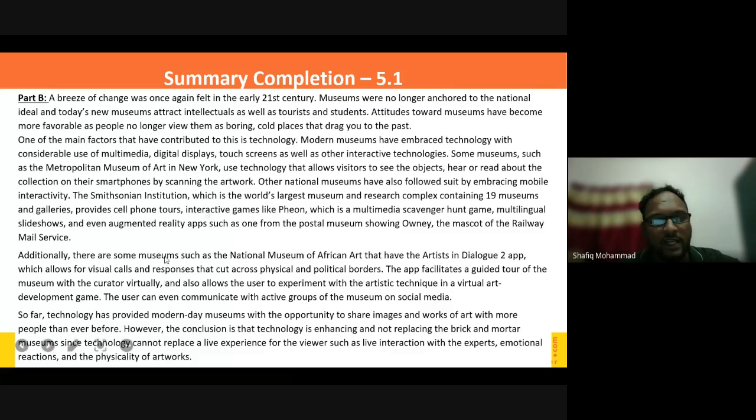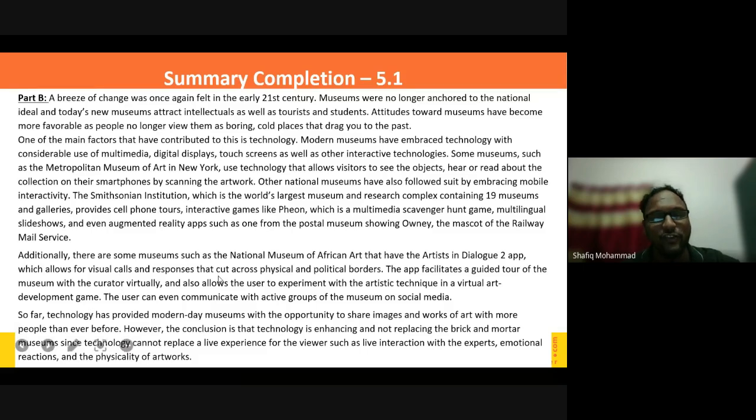The app facilitates the museum and the creator virtually. So the answer should actually not be tour, because they are communicating with each other, right? The answer should be communication because of the way they give responses to each other, how they communicate with visual calls.